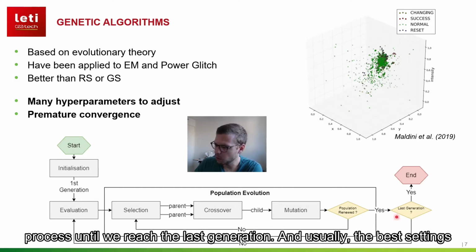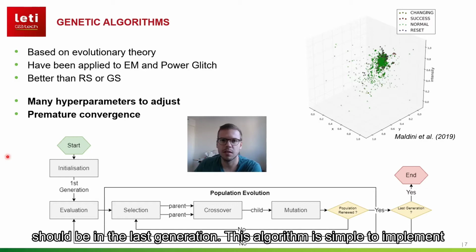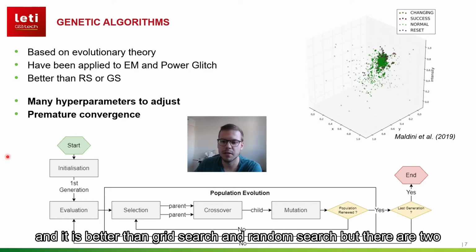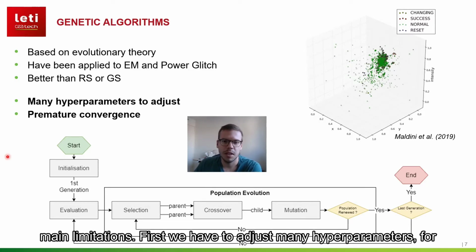And we repeat the whole process until we reach the last generation, and usually the best settings should be in the last generation. So this algorithm is simple to implement and it is better than grid search and random search, but there are two main limitations.